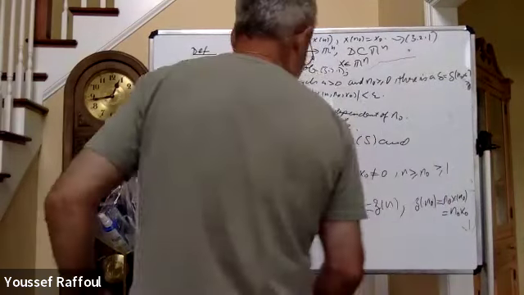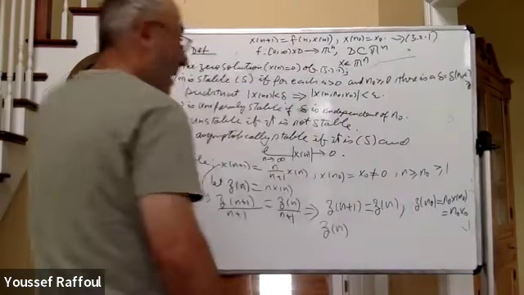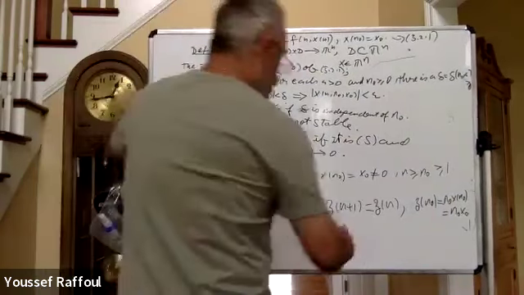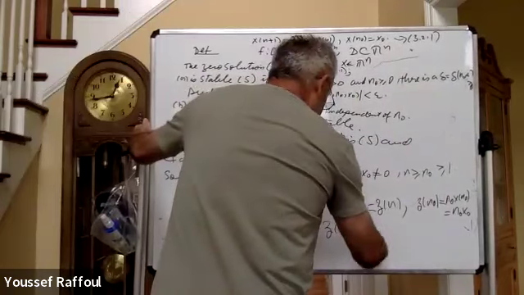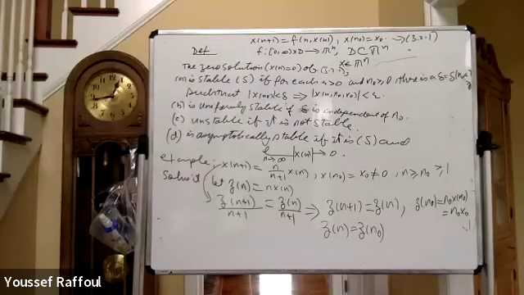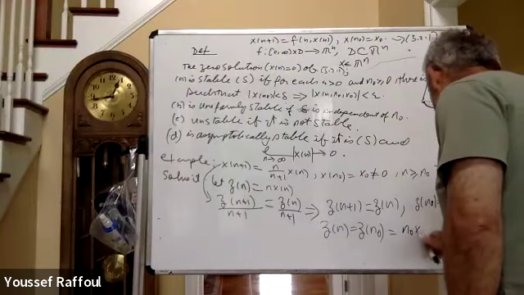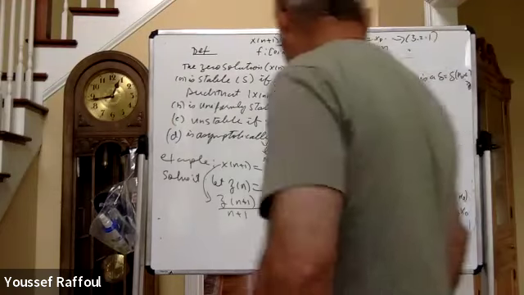So what is the solution to that one? This has the solution Zn equals Z_{n0}, and then what is Z_{n0}? That is n0 x0.